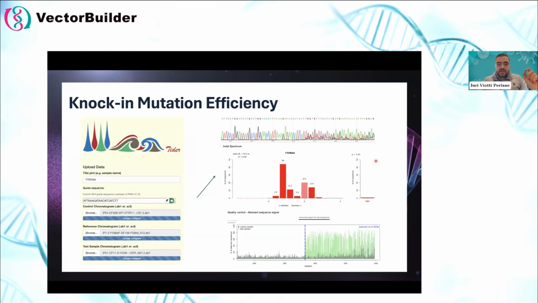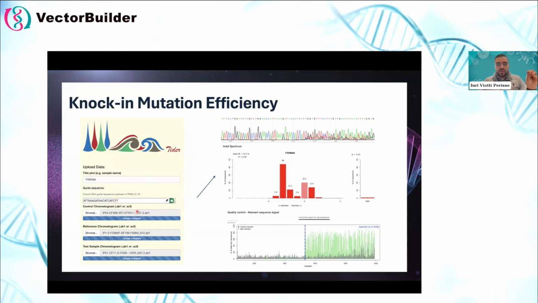So for a knock-in mutation, in this case accomplishing the F508del mutation, which, if you see here in the gRNA, is the removal of the CTT, which causes the loss of the phenylalanine codon.